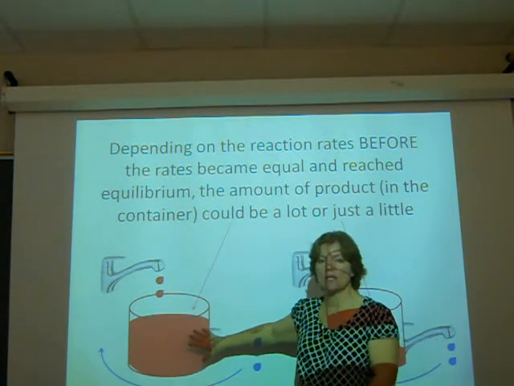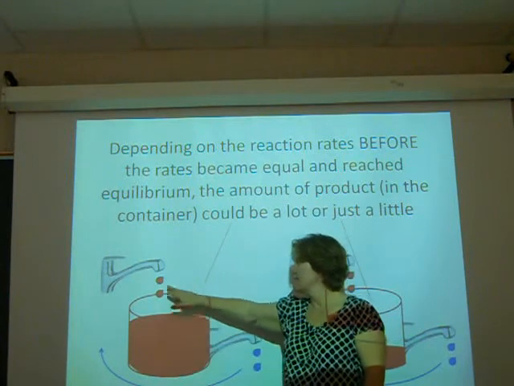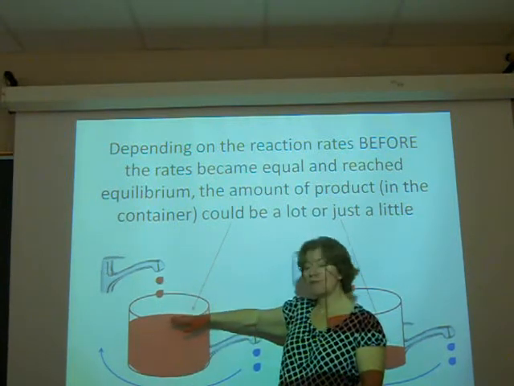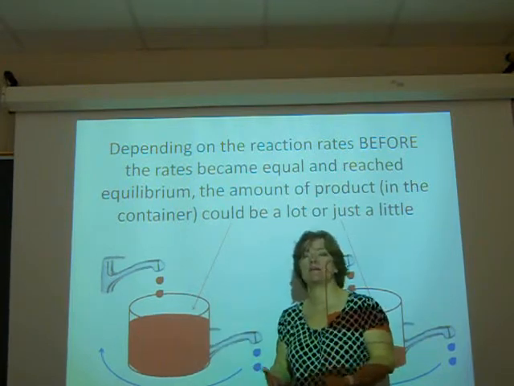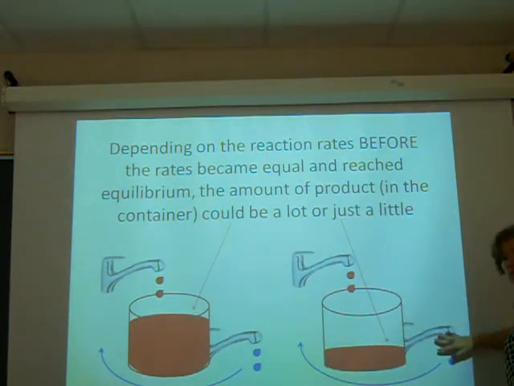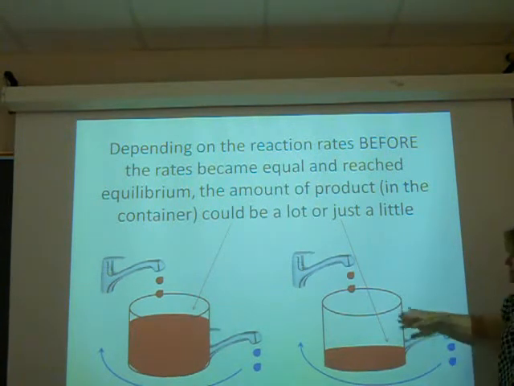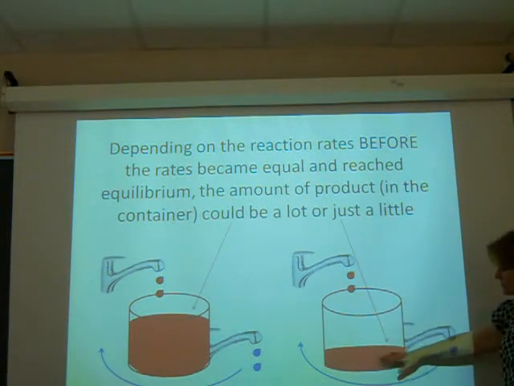The level would not change. In this case, it was pretty full when this slowed down, so it looks like I have a mostly full tank. In this reaction, it looks like the backward reaction was going very fast, and now it slowed down to just a drip. But it happened when this was low, so this one has a low level.